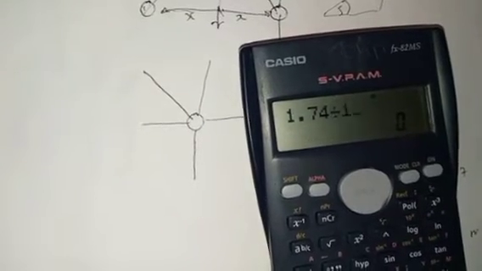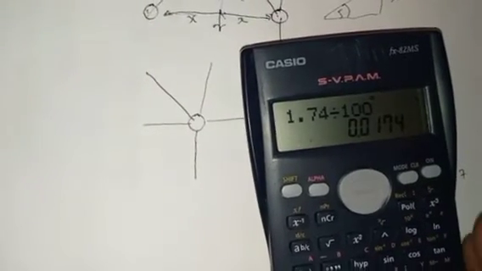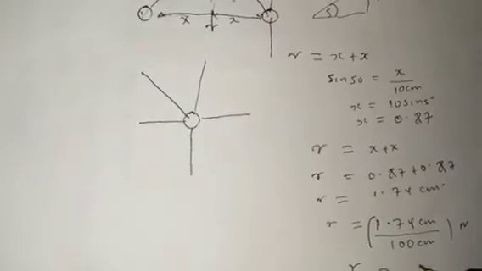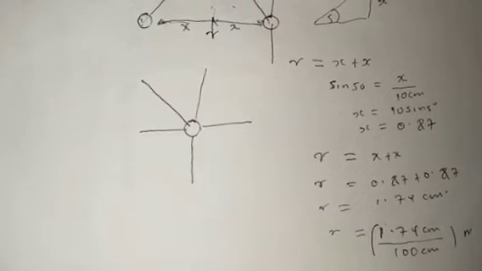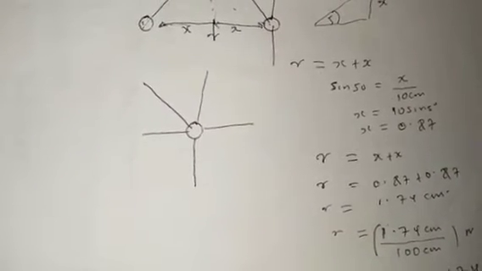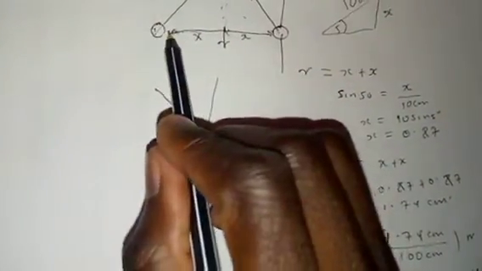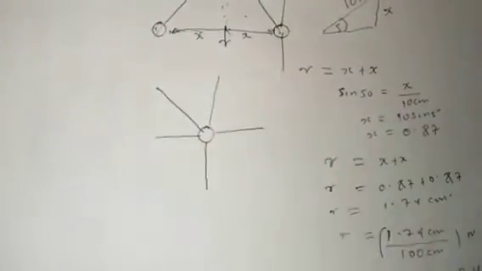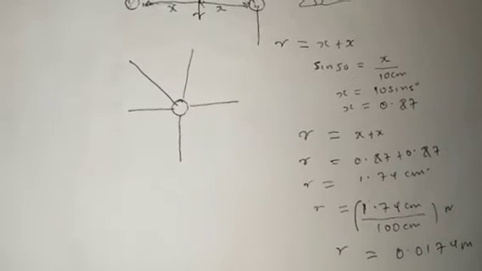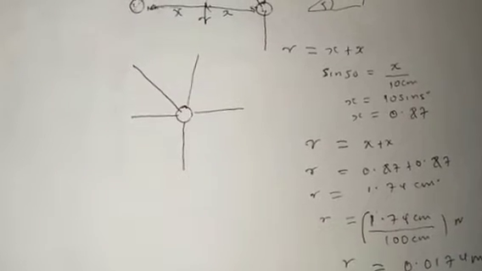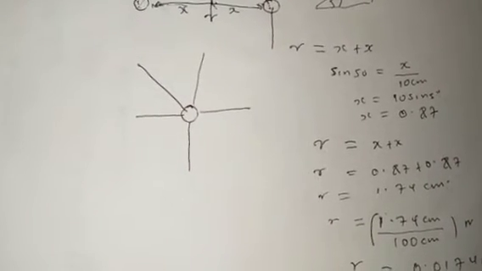So this becomes the value of r, 0.0174 meters. That is the distance from here up to there, the separation between the two charges, or rather the spheres.